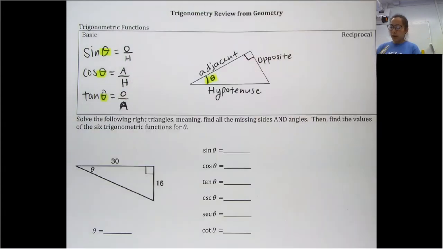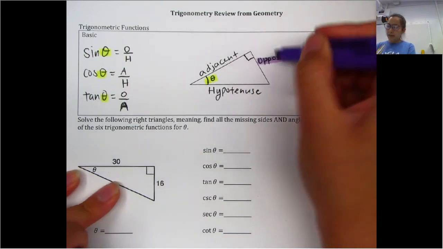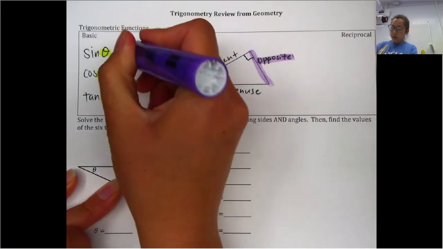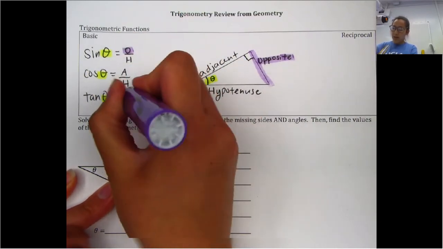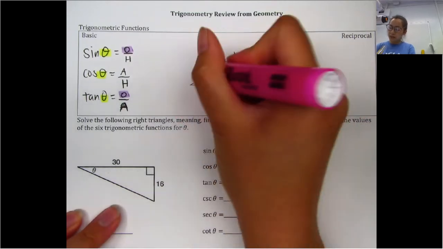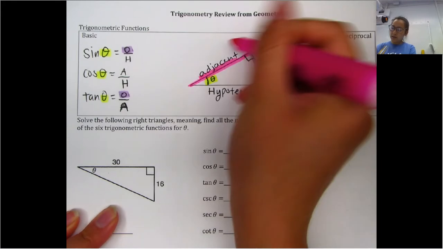We'll highlight the opposite in purple. Opposite means this entire side length right here. We'll do adjacent in pink. Adjacent is this entire side length right here.